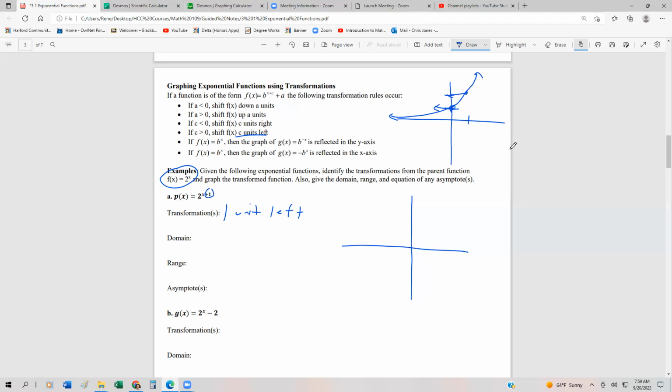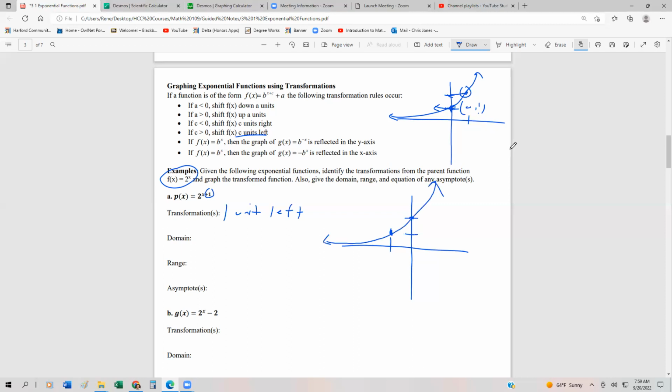Instead of the point (0, 1), if I move it to the left 1, I would have the point (-1, 1). And this point right here, if I move that to the left, is going to be the point (0, 2). You can imagine that we would get a function that looks something like this.